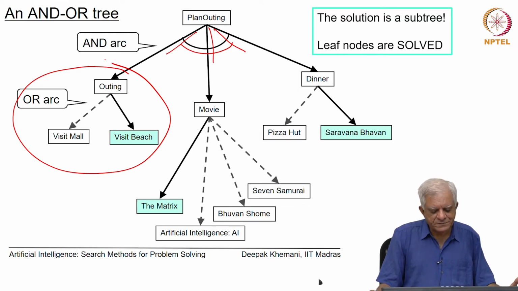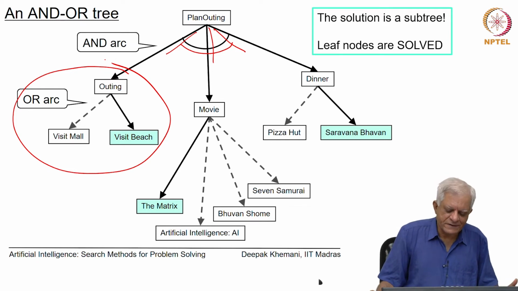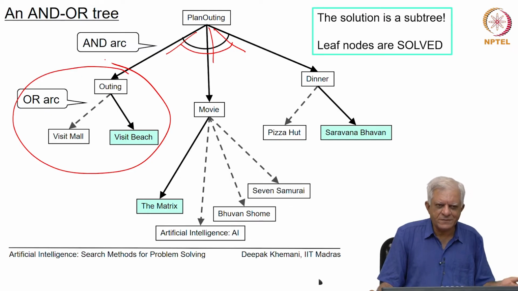We will do a quick recap of means ends analysis after we are done with this topic, but it is a level of detail that may be different essentially. But in an AND OR tree, the leaf node is a solved node, which means you do not need to refine any further, because in this case you are simply trying to make the choices: where to go out, what movie to watch and where to have dinner. We end the problem solving phase here essentially.